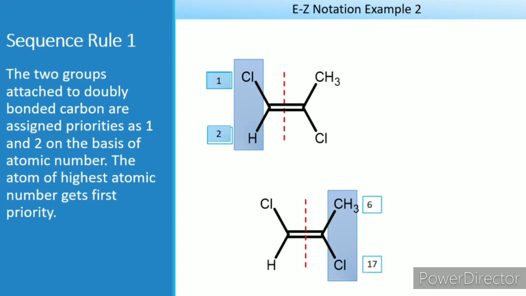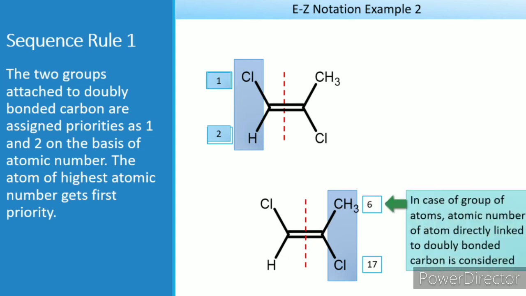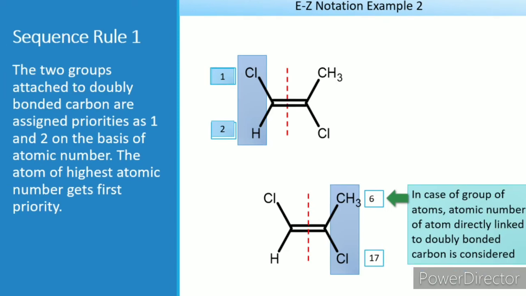Remember, when a group of atoms is linked to a doubly bonded carbon, we consider the atomic number of the atom directly attached to the doubly bonded carbon. So, for the methyl group, we will write the atomic number of carbon, that is 6. Thus, between the methyl group and chlorine, priority will go to chlorine.